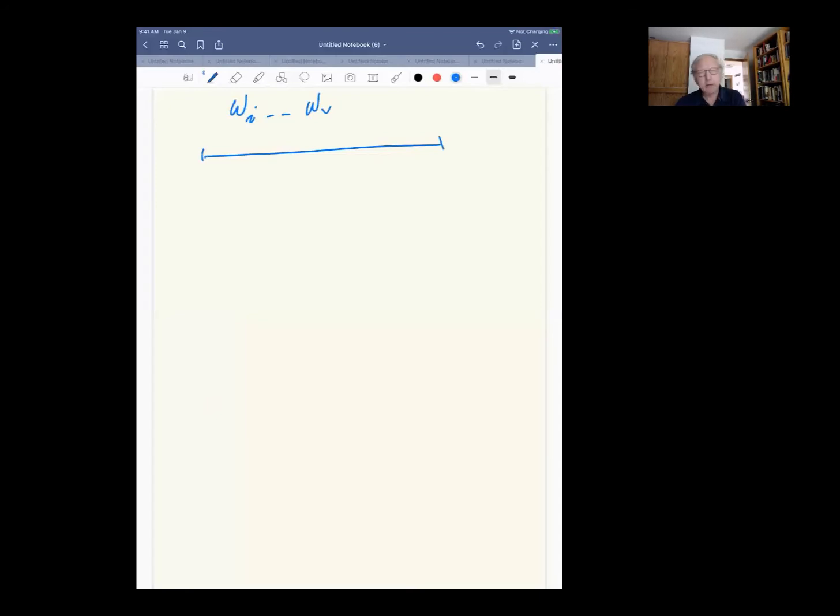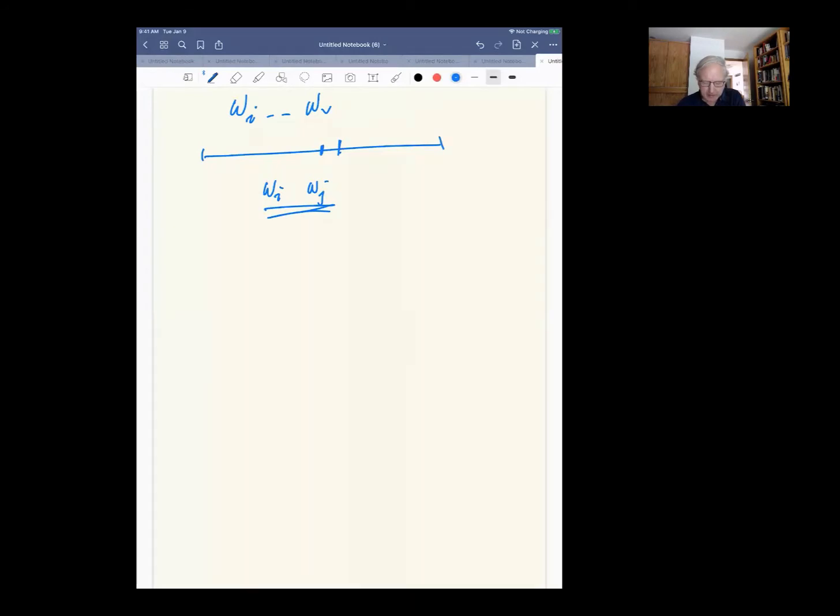And that is, we want to spread the words, stretch the words out along this spectrum, call it, this interval here. And we'd like to do it in such a way that if you've got two words, wi and wj, which have similar distributions, then they should be close to one another.